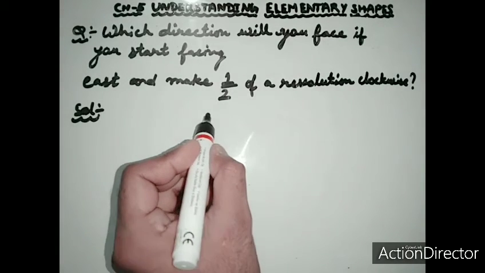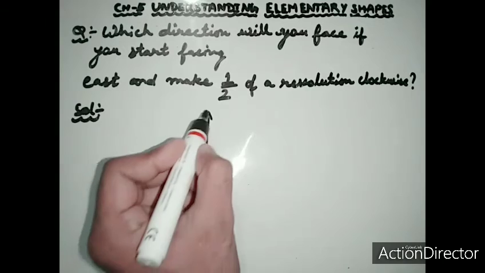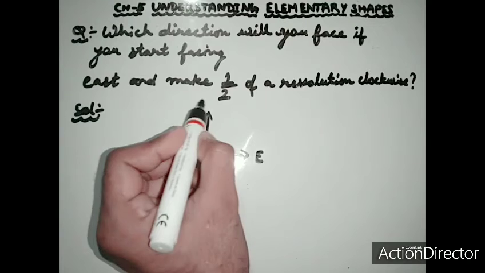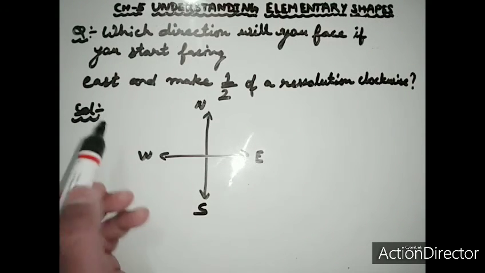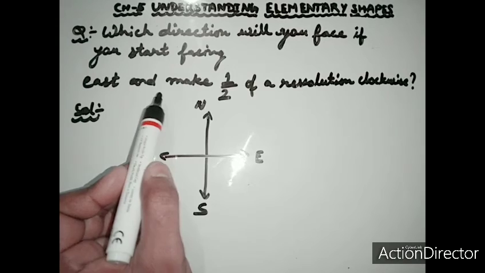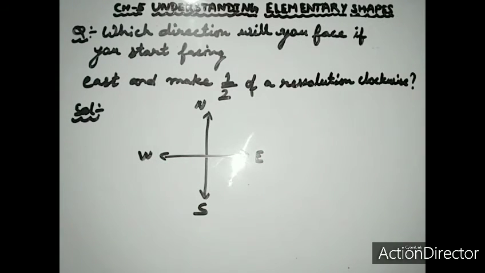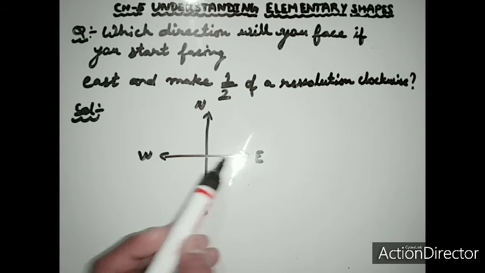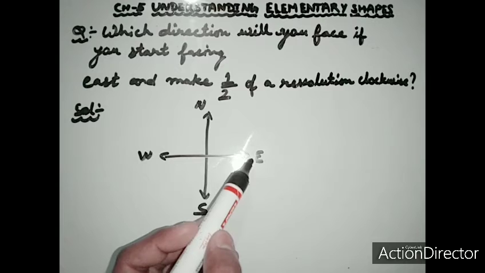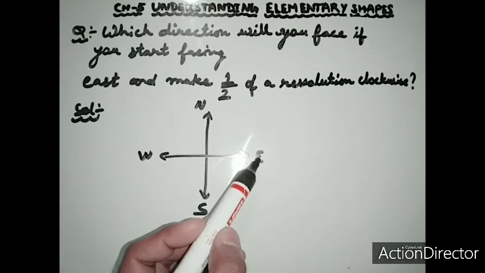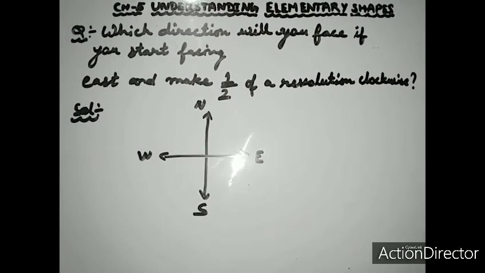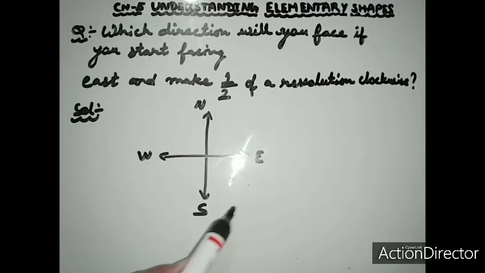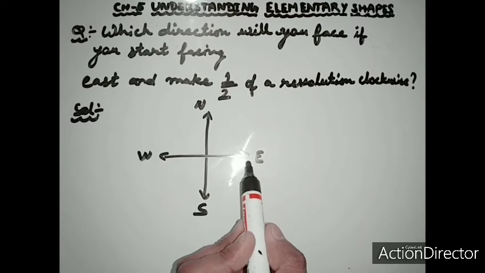So we solve this type of question by using directions. First we draw directions here: east, west, north and south. The question is, start facing east and make half of a revolution. So the position of the person is east side, it's facing east, and it moves half a revolution clockwise. How do we move in the clockwise direction? In this direction, right?